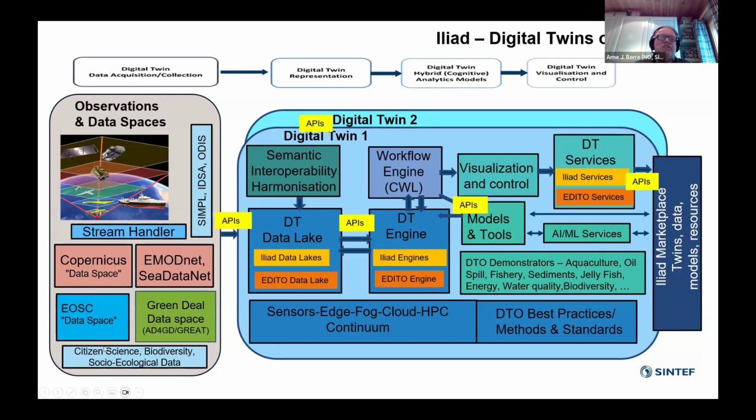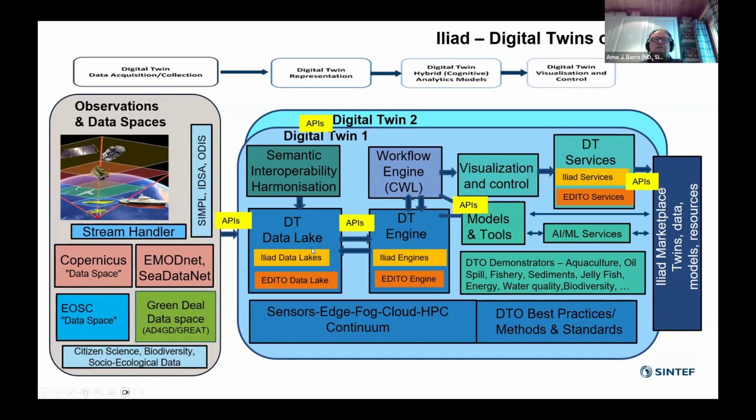In addition, we have citizen science data, biodiversity data from the DTO Bioflow and other sources as we just saw, and also socio-ecological data in actually 4 new projects that will start in the summer that is about bringing socio-ecological data into the digital twin ocean.